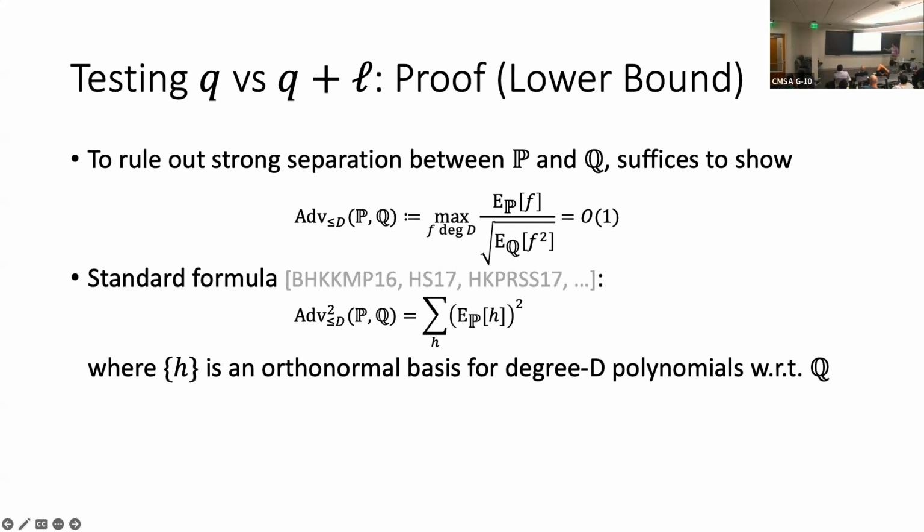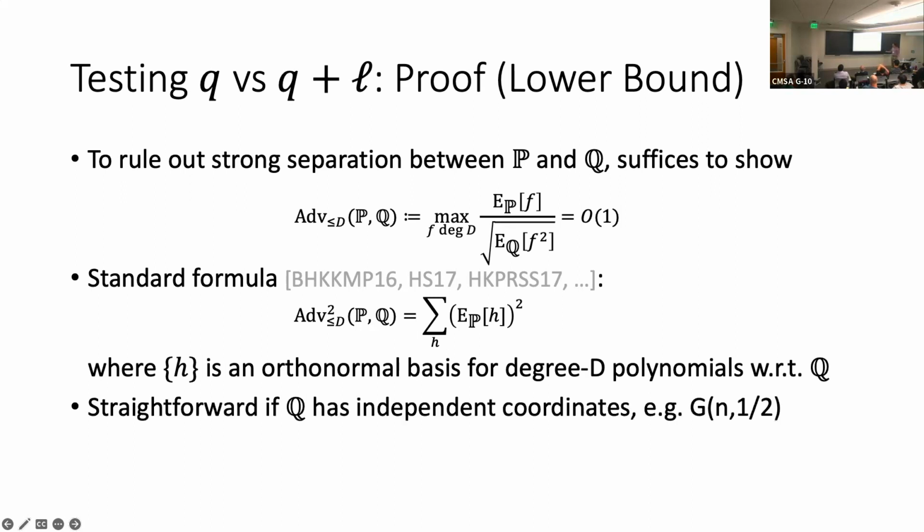This thing is also the norm of the low degree likelihood ratio, if this means anything to you, but I'm not going to try to define norm or likelihood ratio at the moment. There is a standard explicit formula for this thing, luckily, as long as you know an orthonormal basis of polynomials for your null distribution Q. So this works great in cases when Q has independent coordinates.